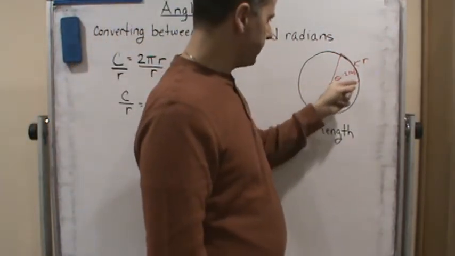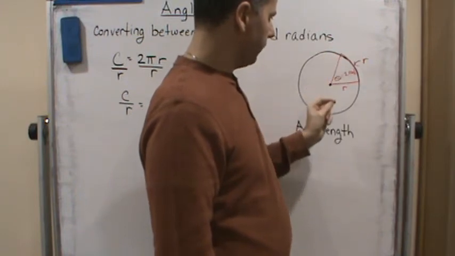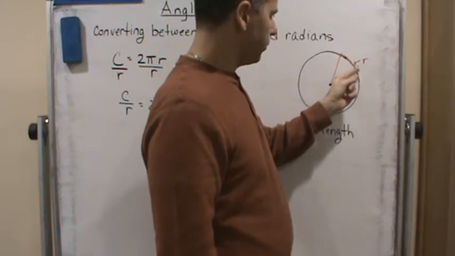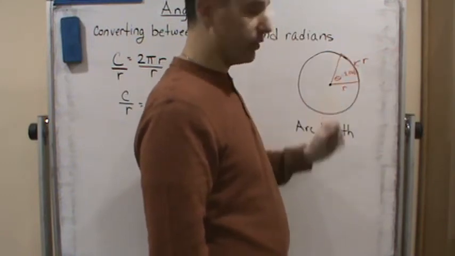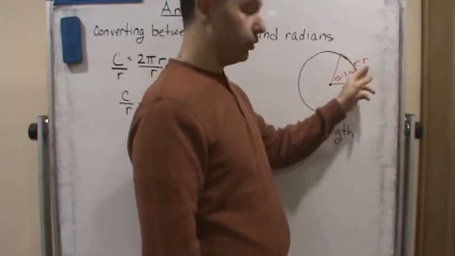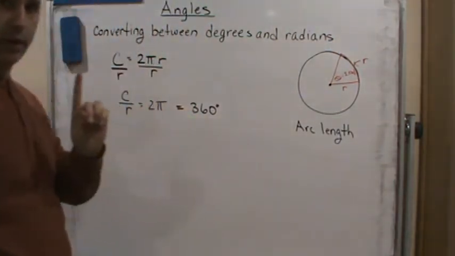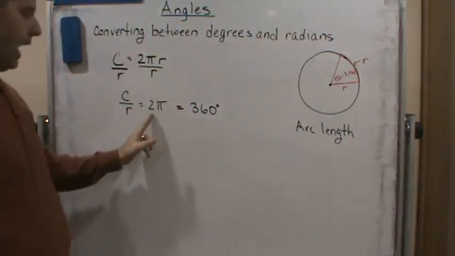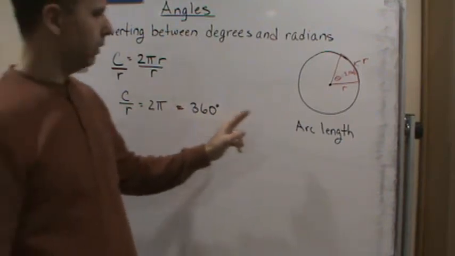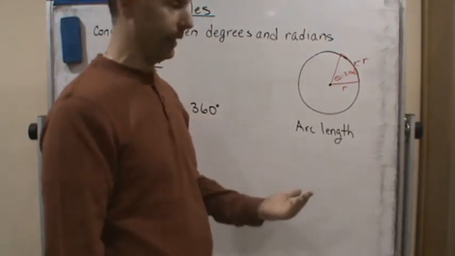When you have a central angle such that the arc length between the two radii that intersect the circle is equal to the length of the radius, then the central angle by definition is 1 radian. And how many radians are there? 2 pi radians, or approximately 6.28 radians.